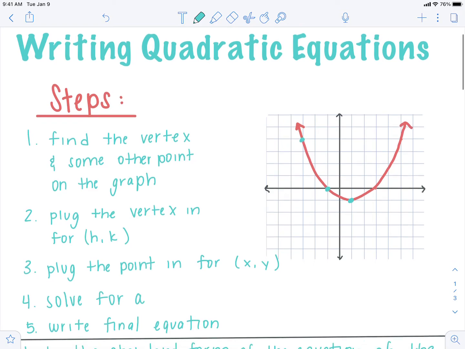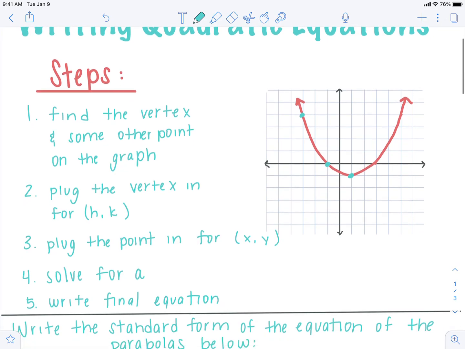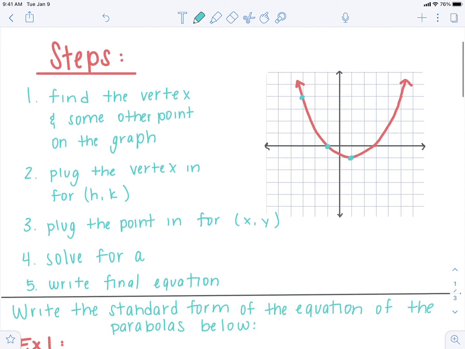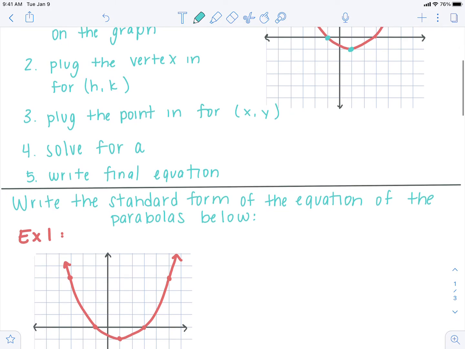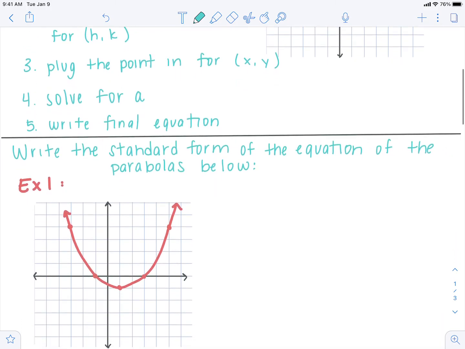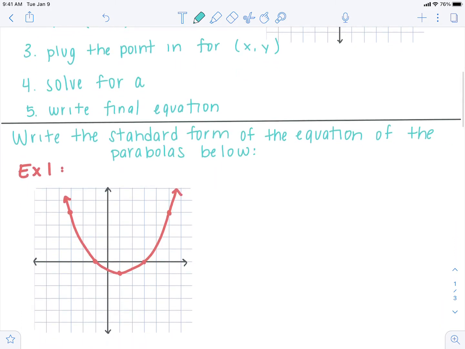So if we're going to actually write an equation from a graph, I'm going to take that same graph that was in the example, and we're going to write the equation. The first thing I want to do is pick out the vertex. My vertex here is my point right here, which is (1, -1).